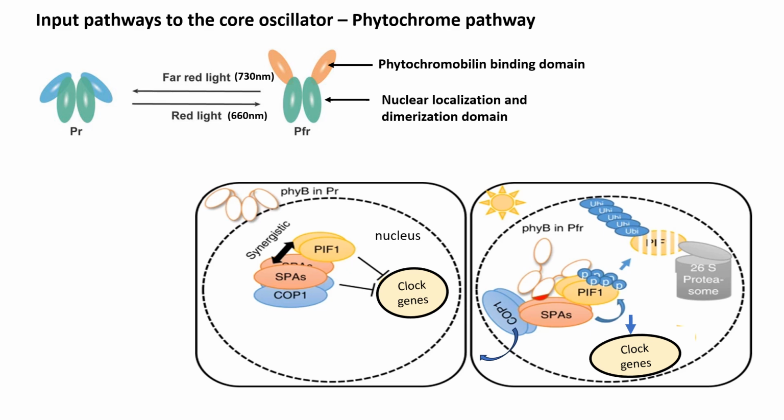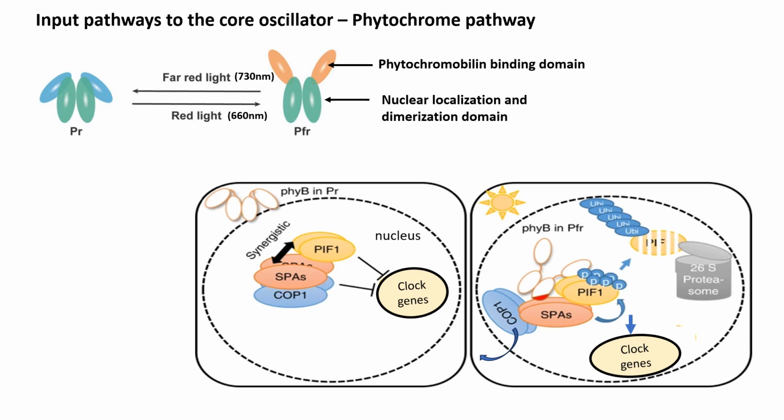Phytochrome inhibitory factors or PIFs are basic helix loop helix type of transcription factors which are inactivated by phosphorylation. Activated phytochromes directly interact with the PIFs, which are negative regulators of light signaling, and trigger rapid phosphorylation, ubiquitination, and degradation of the PIFs.